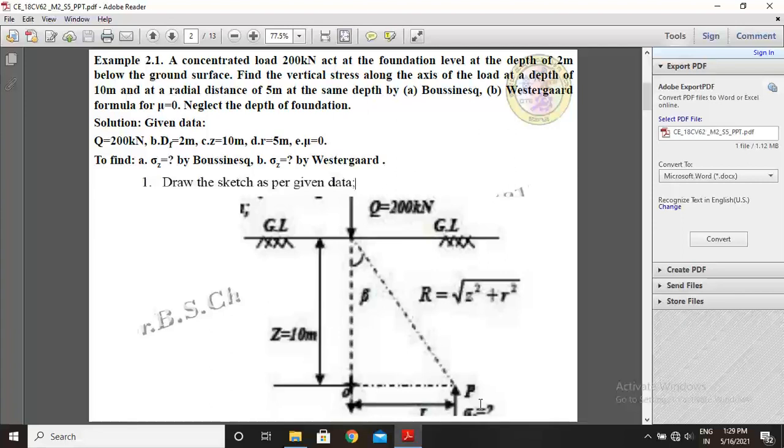Also, we have discussed pressure bulb, Newmark influence charts, isobars, and contact pressures in different soils with different types of foundations, how stress distribution occurs, as well as theoretical and practical concepts, and we have derived some equations also.